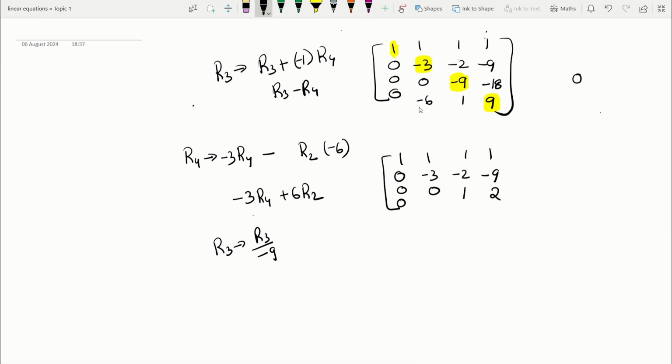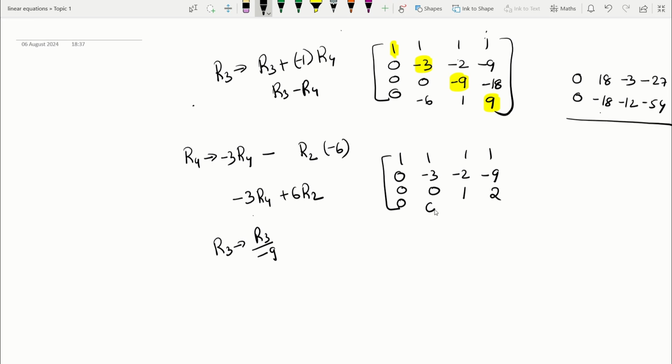So write for this. R2 element what? Minus 3. Write for R4. This is minus 3 R4 plus 6 R2. This is okay. Then how to change? 1, 1, 1, 0, minus 3, minus 2, minus 9, 0, 0.